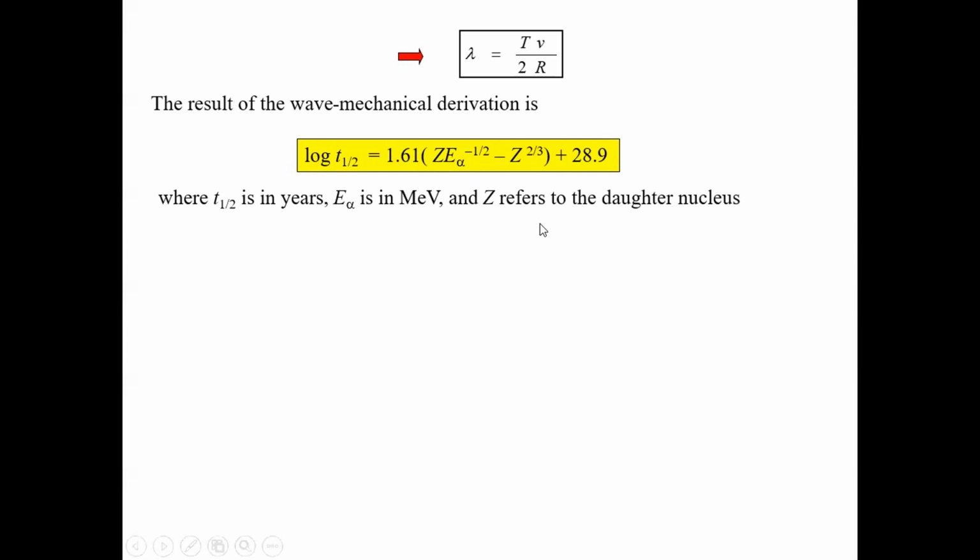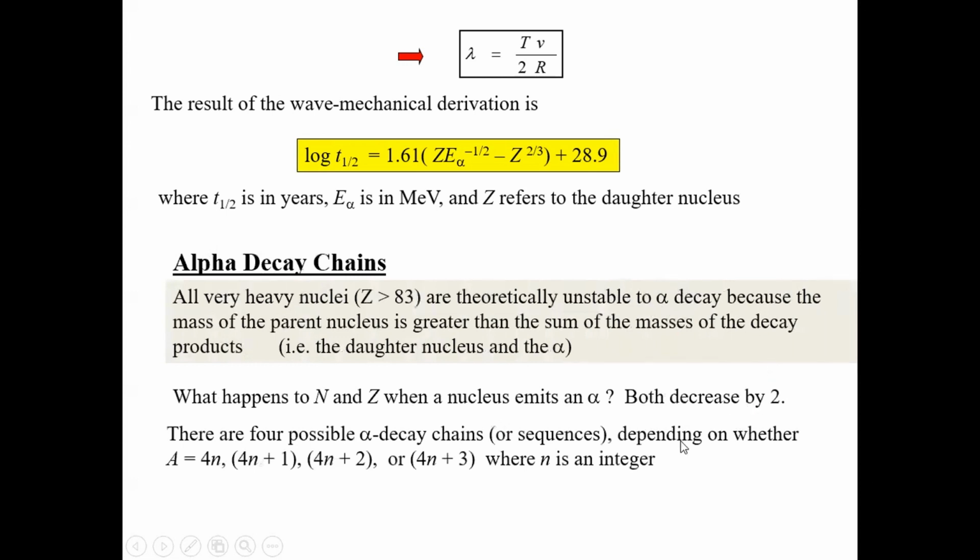Here the energy is measured in MeV, and Z refers to the daughter nucleus.